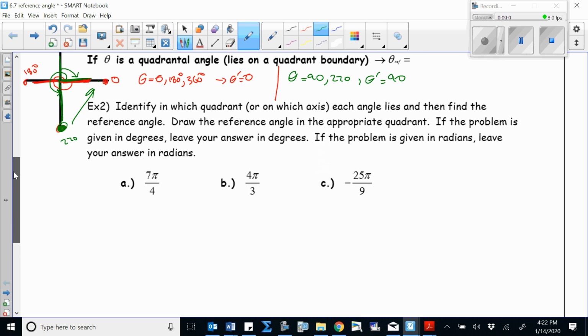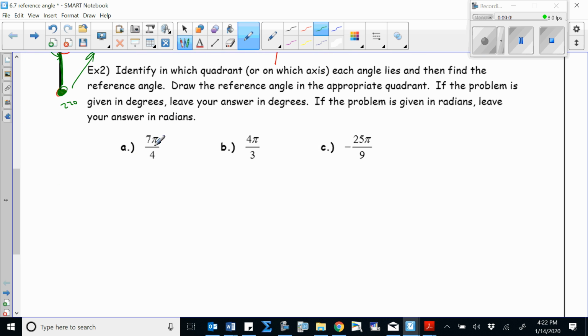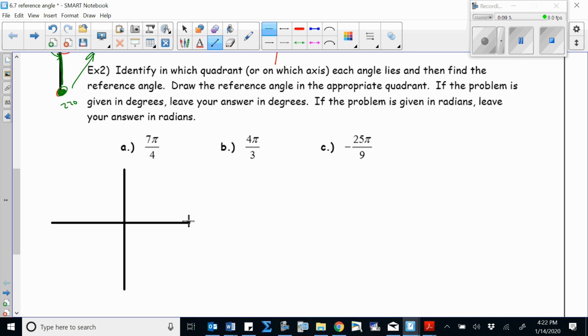Now let's see how we can find the reference angle when the angle is measured in radians. First of all, we need to draw the angle. So I'm going to start drawing this angle, 7 pi over 4. We know that we always start from 0 here, and this is pi.